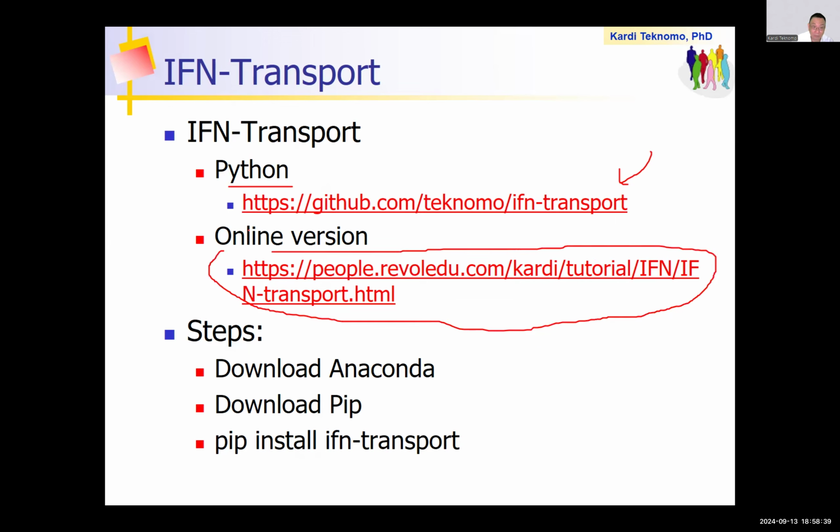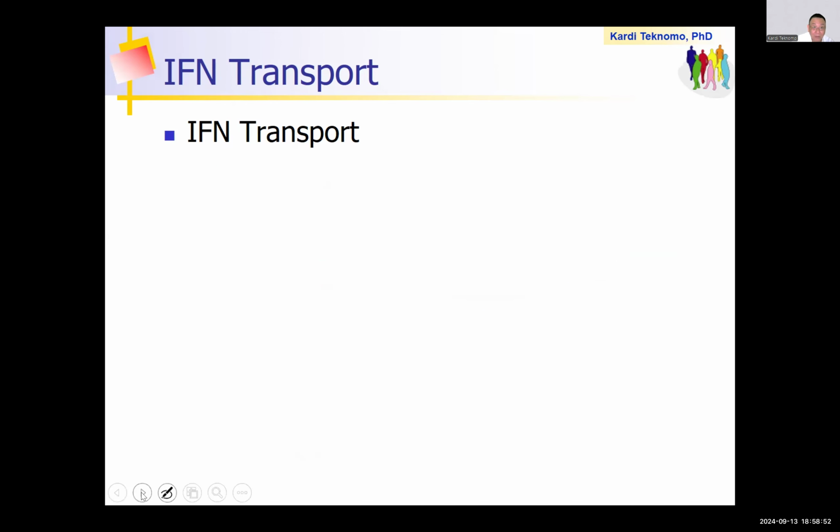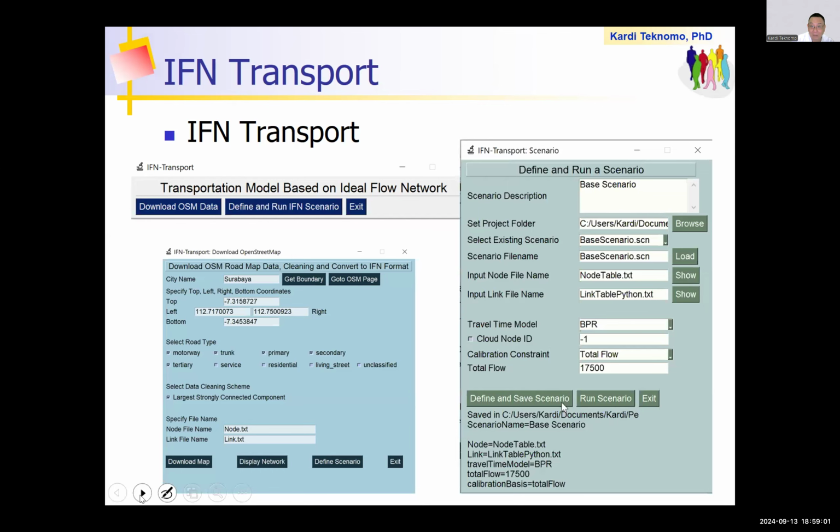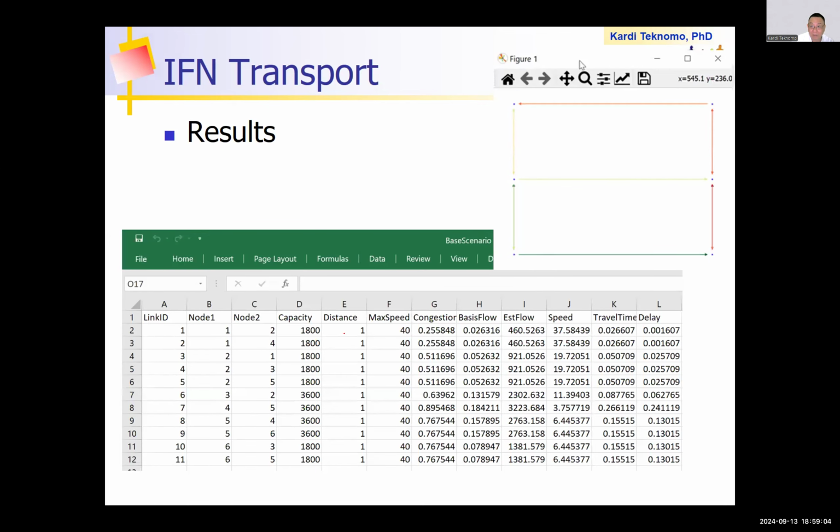If you do it in Python with GitHub, this is what you need to do. You download Anaconda, download pip, and then this is the one in GitHub. You're supposed to have this, and if you run it, you're supposed to have this one. And then this is the node and link that you're supposed to make.